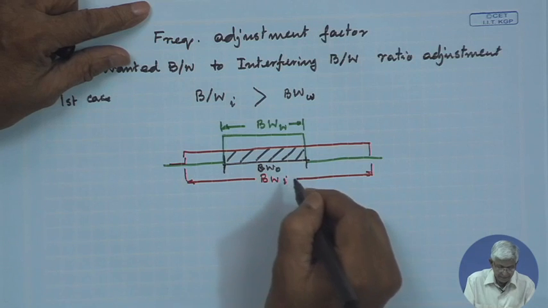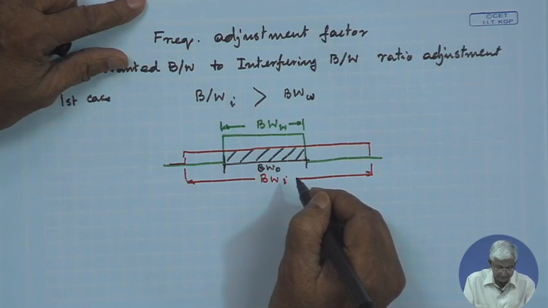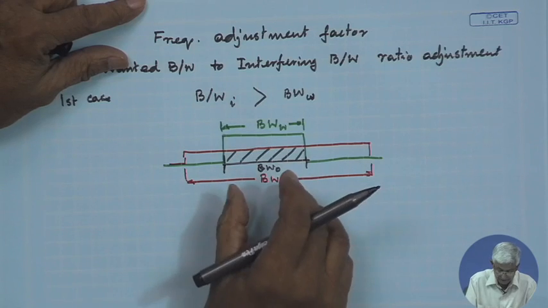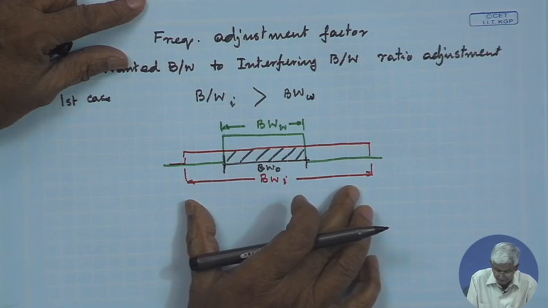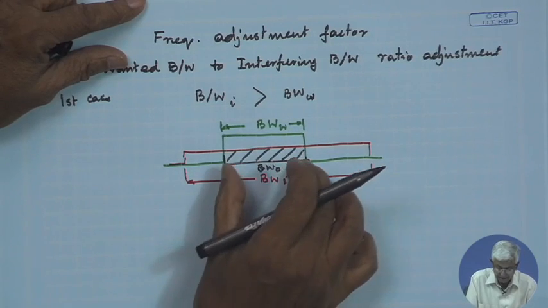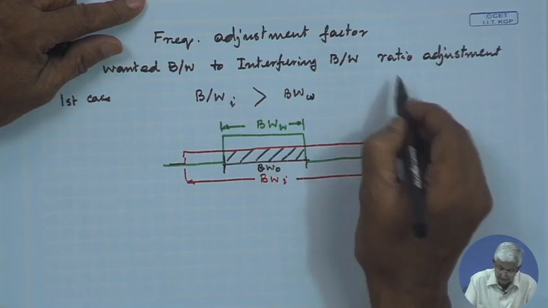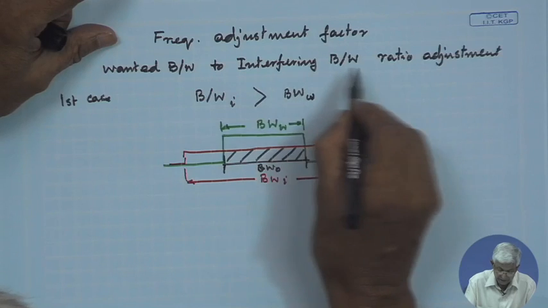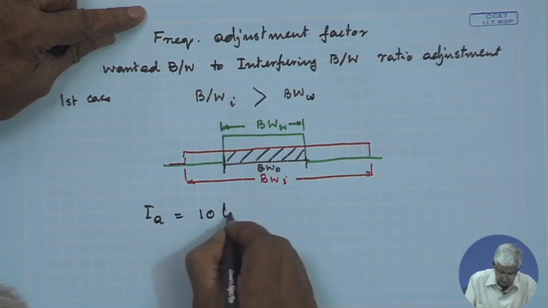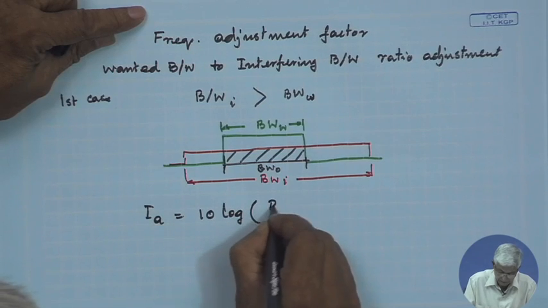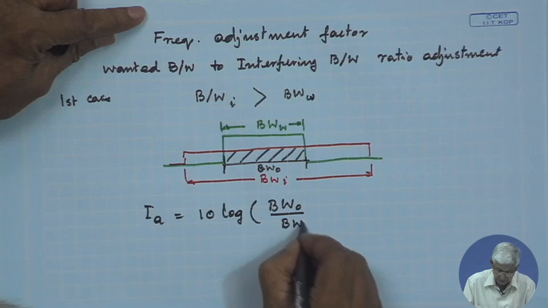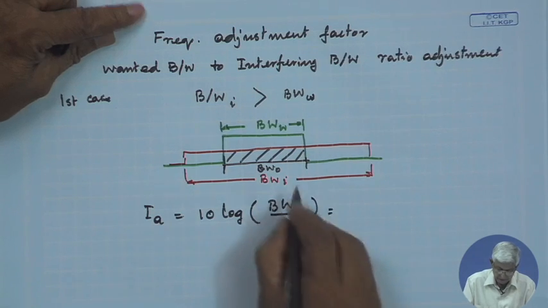So, in that type of case, where the bandwidth wanted is less than bandwidth interfered, and bandwidth interfered is fully overlapping. The overlapping part has to be seen, is fully overlapping. Then this interfering ratio adjustment, which is termed as I A, is 10 log of bandwidth overlap by bandwidth interfered. How much is overlap?